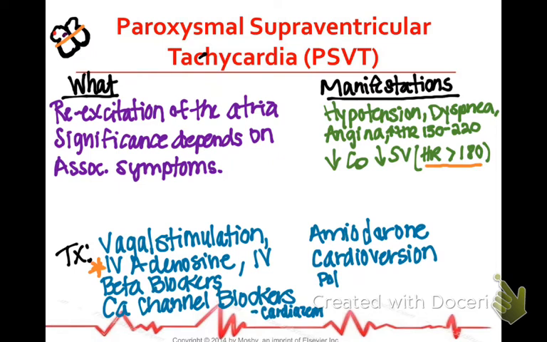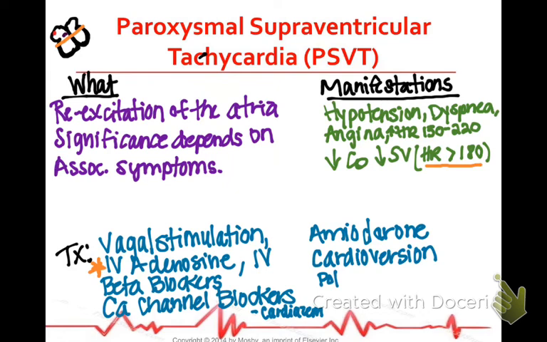Okay, so there are some other drugs, amiodarone. They can't even do cardioversion for these patients. I helped take care of a patient. We tried amiodarone on him. I don't know why the doctor didn't do adenosine, but he did amiodarone, and then he actually cardioverted him.